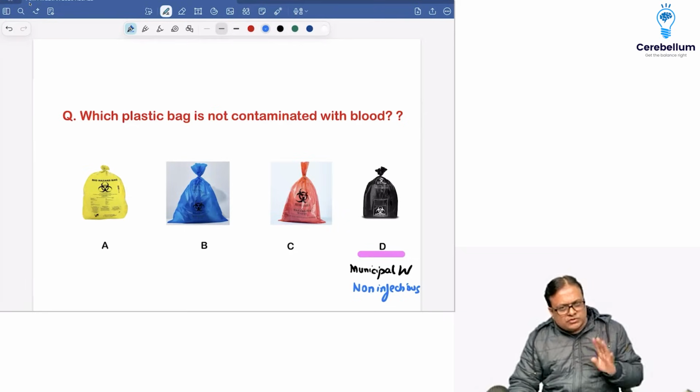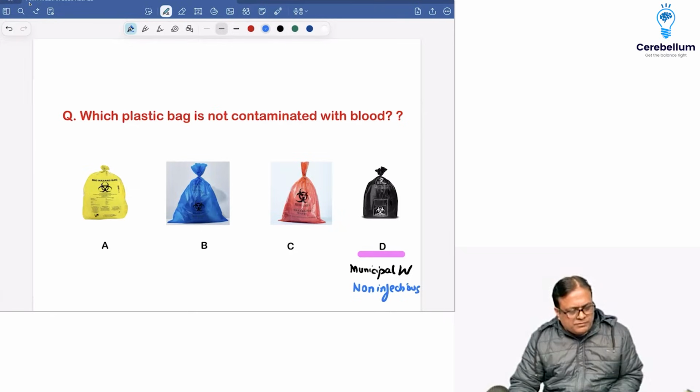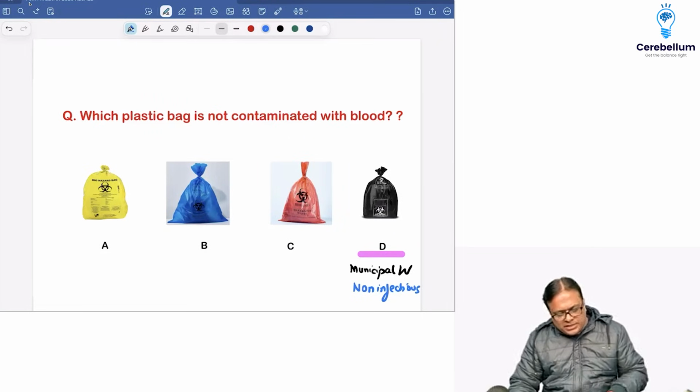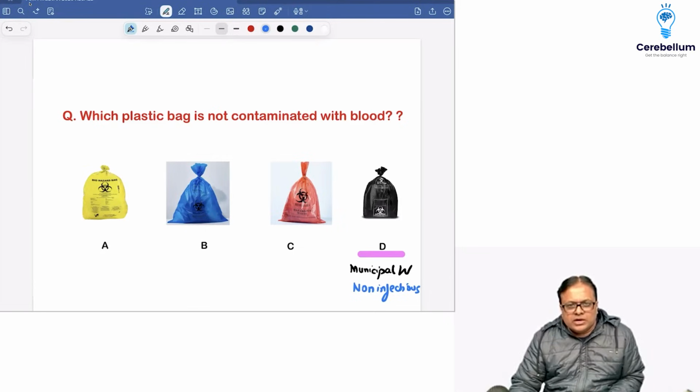There were 4 questions from biomedical waste management. We'll come to them one by one. Please confirm, friends. Which plastic bag not contaminated with blood? That questions will come later. Just confirm if this question was there or not. Or was there an image given in the choices, or yellow, blue, red, black was written in the choices?